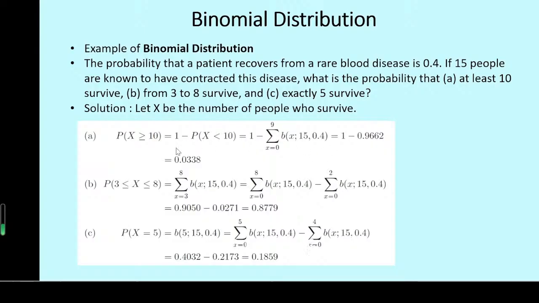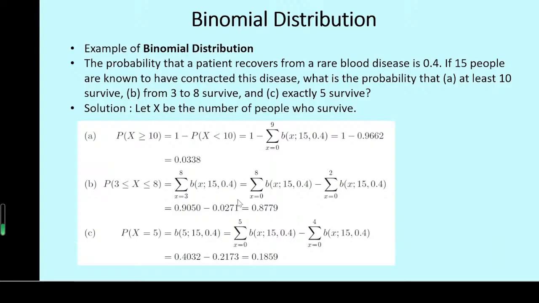So in this case, we just find P of x less than 10, then 1 minus this item, which equals 0.0338.